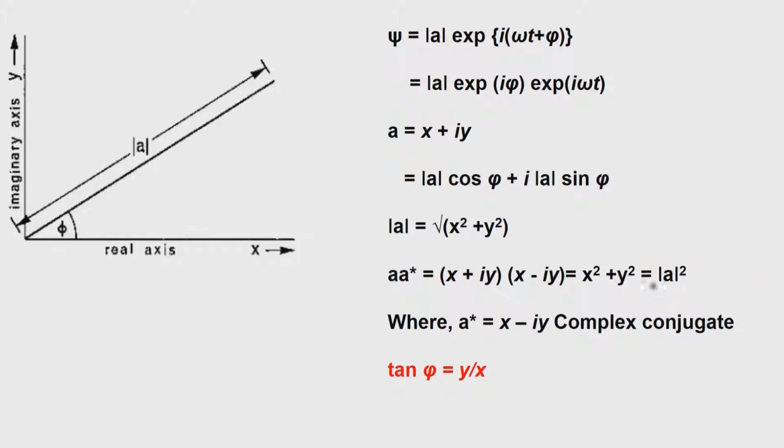The intensity is what we measure, but what we want is the A value, and intensity happens to be A times A star, where A star is the complex conjugate. The angle phi, which is the phase angle, can be determined by tan phi equals y divided by x. This essentially tells us that we can now study the structure factors, how they develop and how they come up.